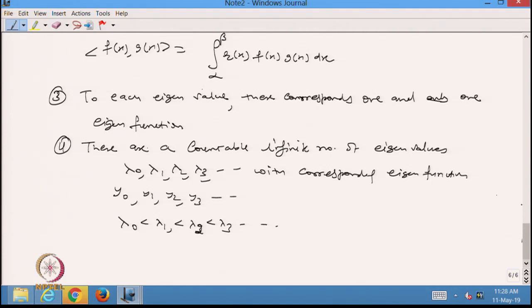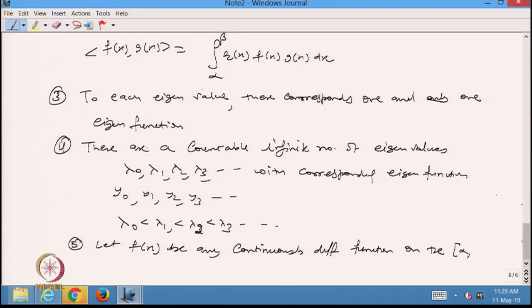And the fifth one is that, let me take any continuously differentiable function f(x) on the interval (alpha, beta).